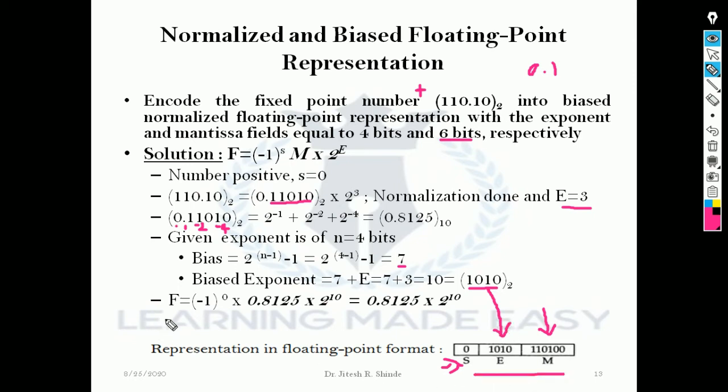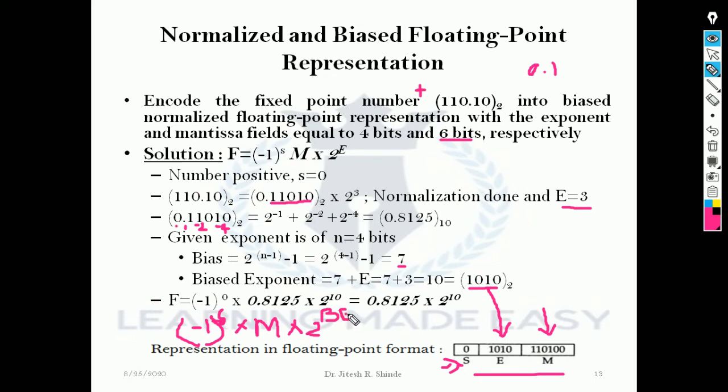Another way, F is equal to minus 1 to the power S. The number is positive, so 0 comes here, and then the mantissa 0.8125 into 2 to the power biased exponent.